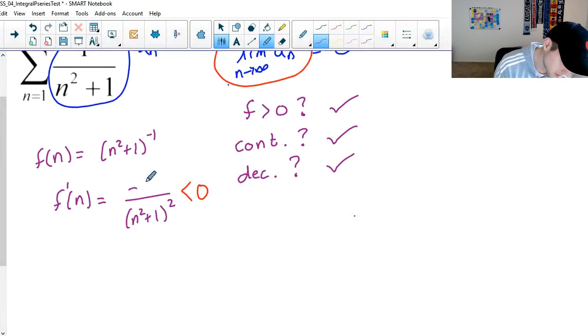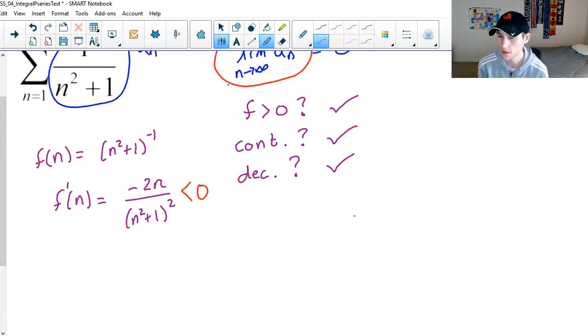Yeah, the chain rule in general, so we would have to multiply by the inside, so that's 2n. Bad wording, but you're totally correct that we would need the chain rule. I was too focused on it being negative. The same thing is still true: the numerator will still always be negative, the denominator will always still be positive, so it's still less than 0. But yeah, we still need the chain rule there.